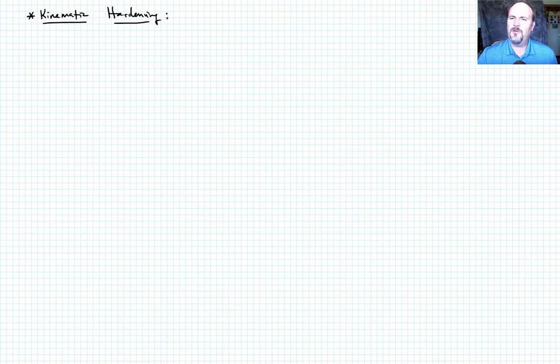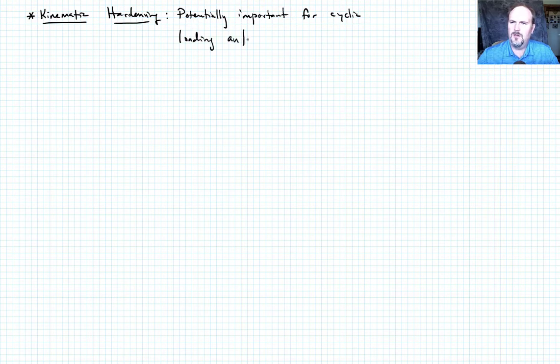When is this important? Well, it's important to at least consider using kinematic hardening if we're going to do anything that involves cyclic loading or load reversals. So it's potentially important for cyclic loading and or load reversals.